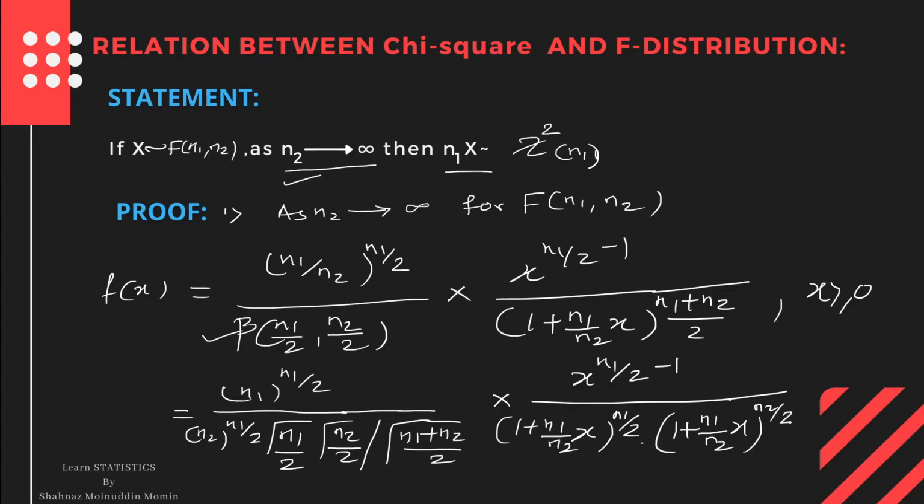n2 divided by 2. Now I will collect the terms raised to n1 by 2 and the terms raised to n2 by 2 together.